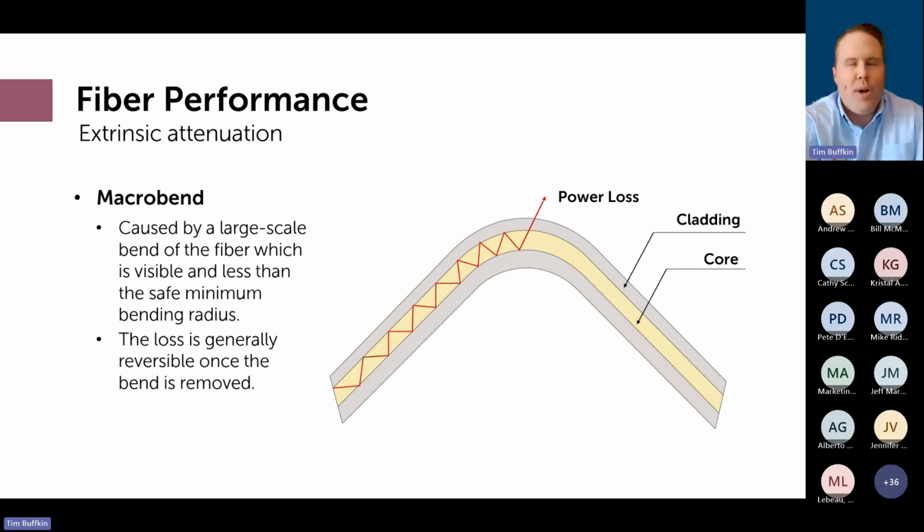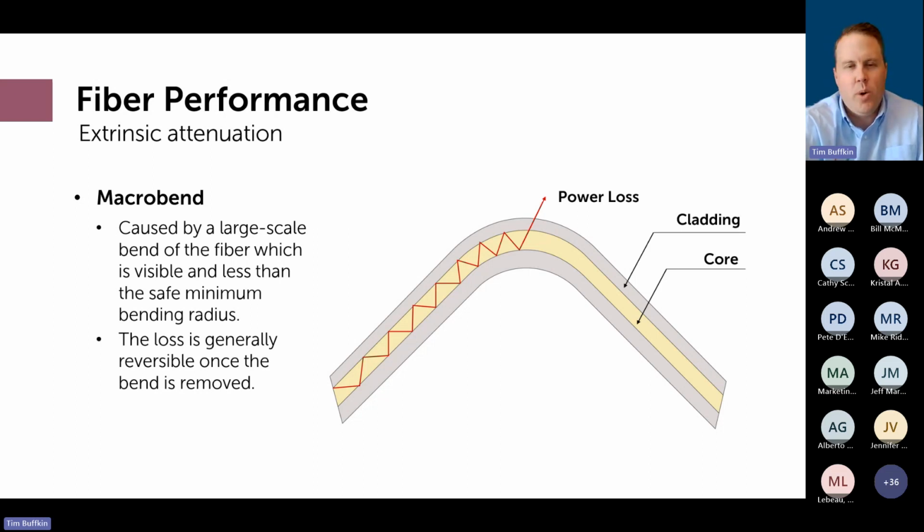Now, you could bend it to a point where it just stops light from going through, but typically what you're going to see is a loss of dB that's significantly greater than what you would expect. But again, it's reversible. Usually something like this happens in a splice tray. Maybe you have a splicer at the end of the day on Friday.